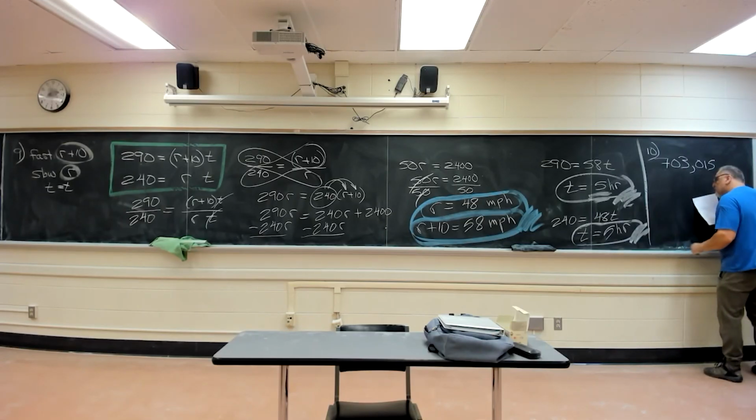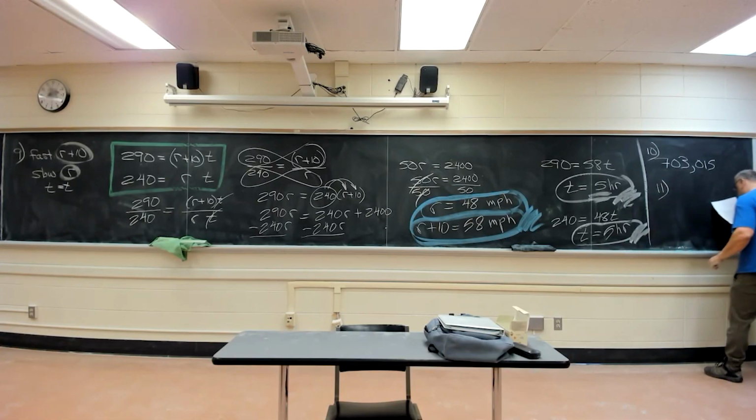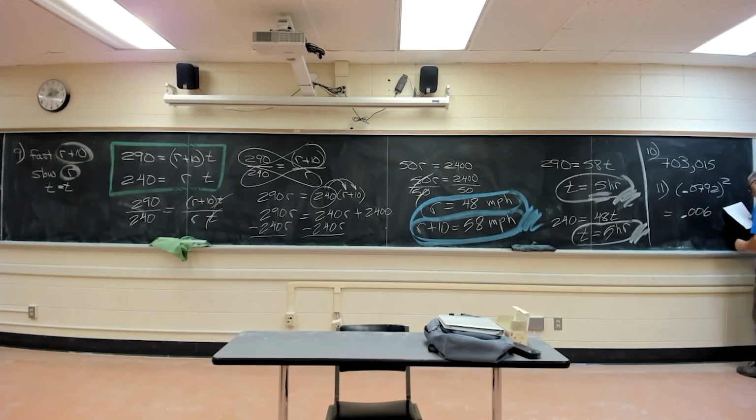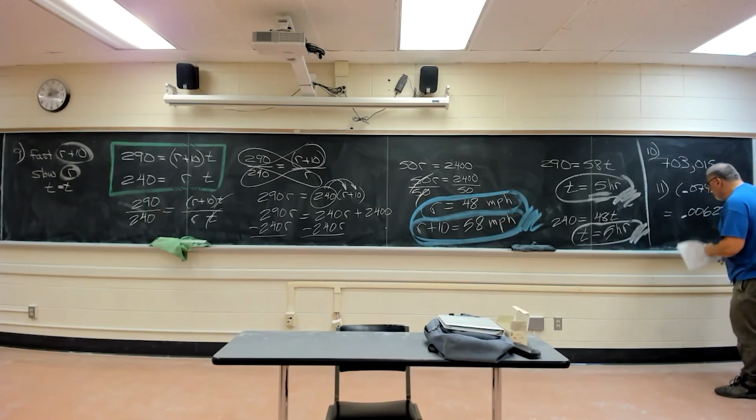Round to the millions. Round to millions for this thing right here. If you take 0.07, now don't go significant figures or anything on this thing. Take this thing and square it, you're going to get a pretty crazy answer. It's going to be a number. The way they got the number is 0.006, and we can do this in person for the class that is in person. And there's probably a whole bunch of other stuff that goes here. Unfortunately, I don't think I have a calculator with me.